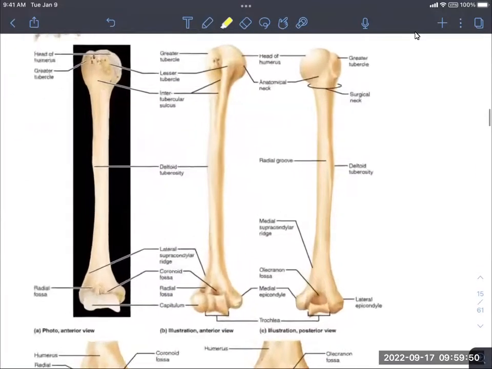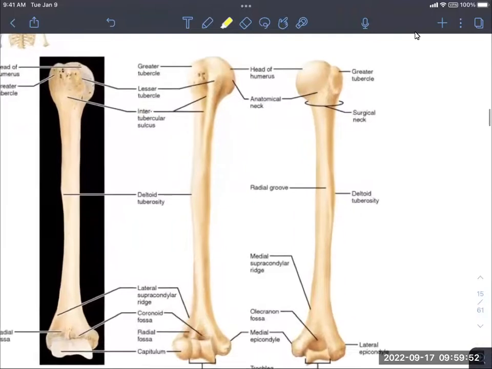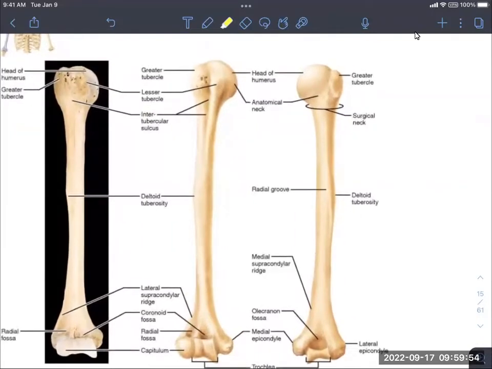So here is your humerus. The head of the humerus is what articulates again with that glenoid cavity of the scapula.